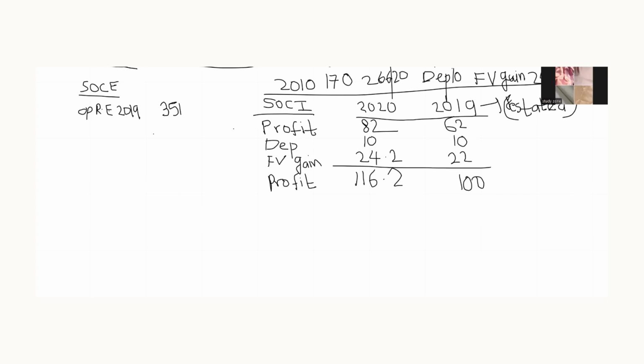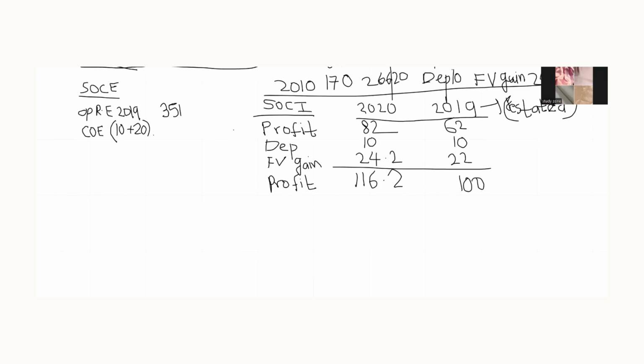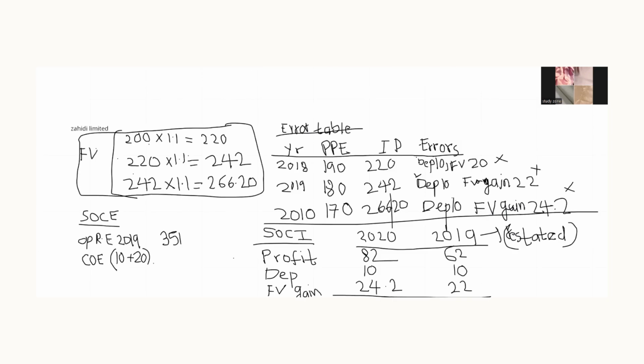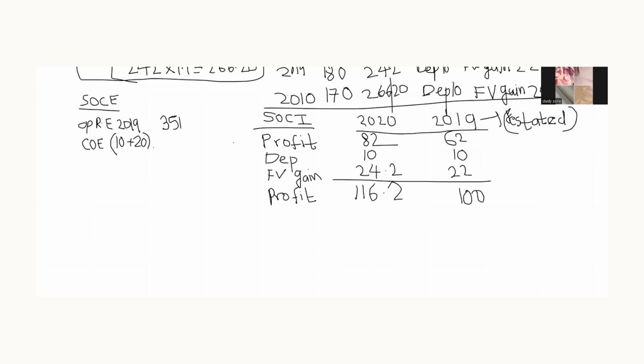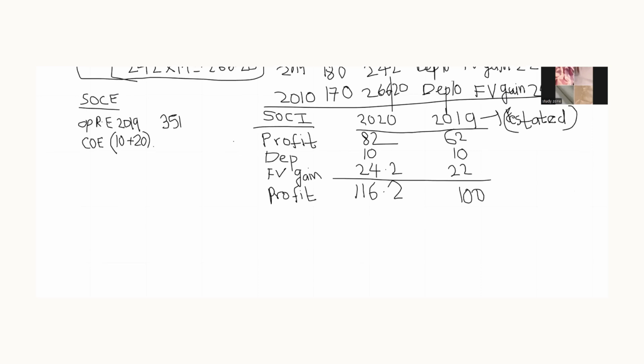And the correction of errors that we have come across: 10 for depreciation and 20 for the fair value gain that we haven't recorded. The 2018 adjustment comes in the opening statement of changes in equity of 2019. So it's 30, and the restated opening retained earnings 2019 is 381. You must mention that it's restated.